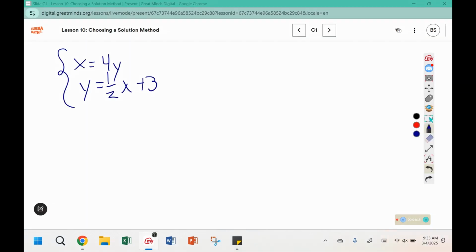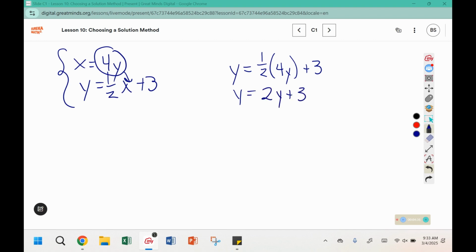For number 2, we said we were going to use substitution, so I'm replacing x with 4y. Half of 4y is 2y. Move the 2y over with the other y. Y minus 2y is negative y.